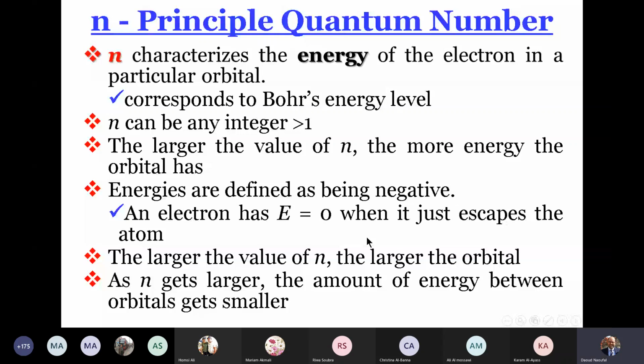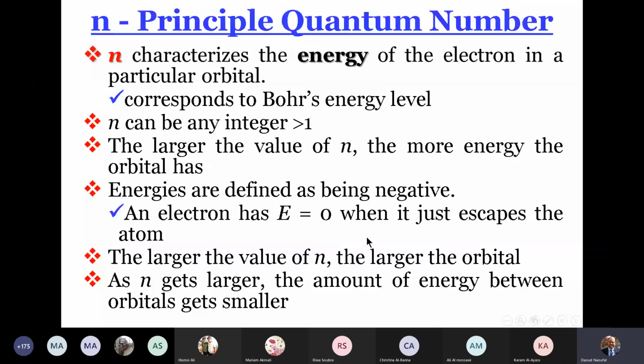The second coordinate is L, called the angular momentum quantum number, or the second quantum number. What is L? L describes the motion of the electron in area 1. Suppose I say I have an electron in the first area, so I give directly for this electron the coordinate n equal 1.